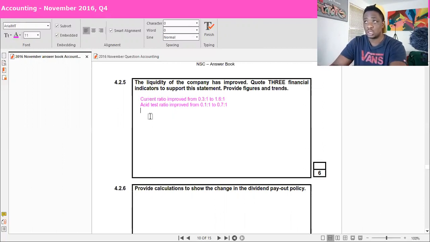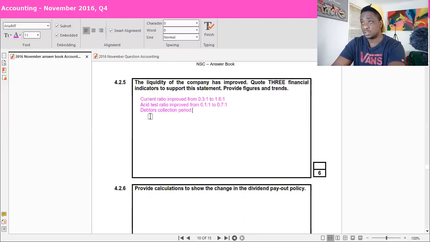And then we won't quote the stock turnover rate because it didn't improve, and we also won't quote the creditors payment period because it also has not improved. And we're going to say debtors collection period.